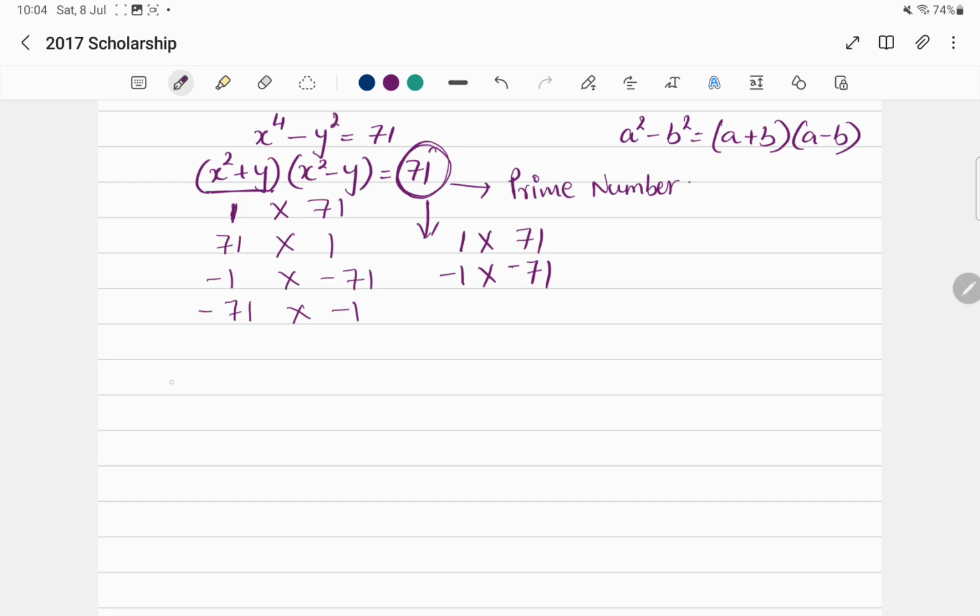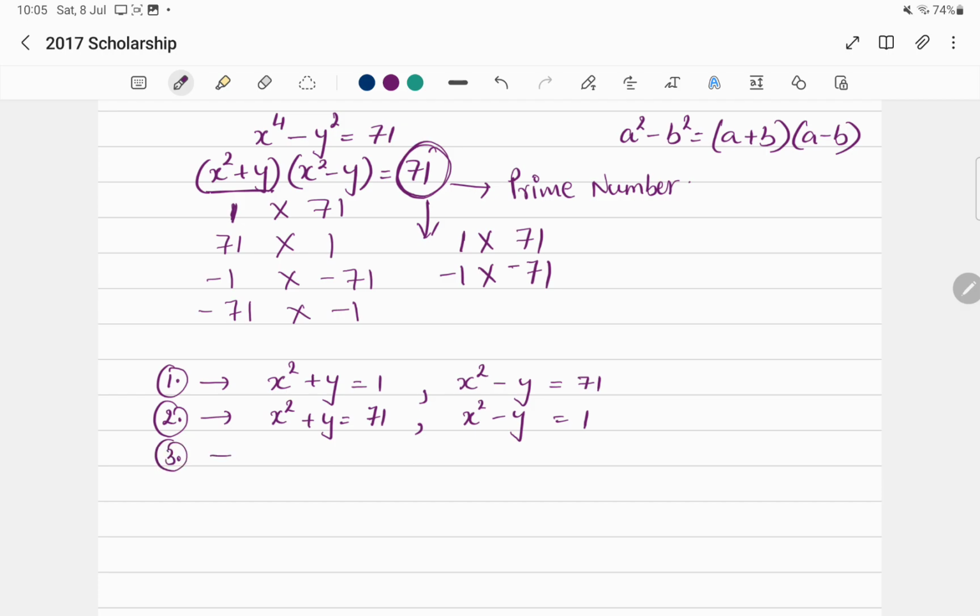The first possibility is x squared plus y equals 1, and x squared minus y equals 71. Our second possibility is x squared plus y equals 71, and x squared minus y equals 1.